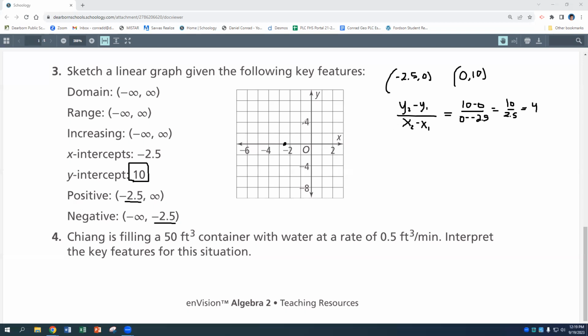Right, so my slope is going to be 4, so I'm going to come here, I'm going to go up 1, 2, 3. Oh, so the graph's going by 2s though, so we didn't even need to do that. We could have just drawn in our point 0, 10, and then there's our line.